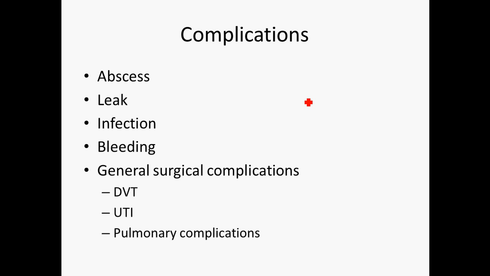It's not like other surgeries where these complications are pretty low on the list. You know, infection and bleeding and leakage of the bowel all could happen on pretty much any given re-anastomosis of a bowel. So it's something to monitor for very carefully.